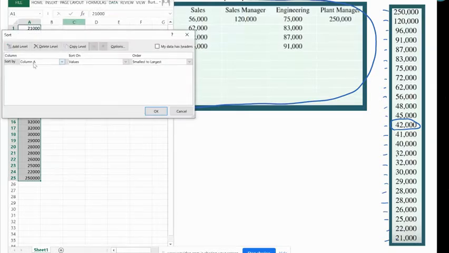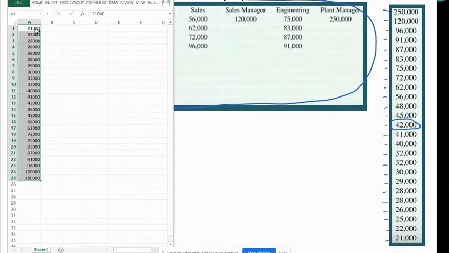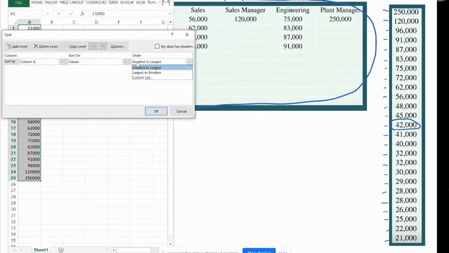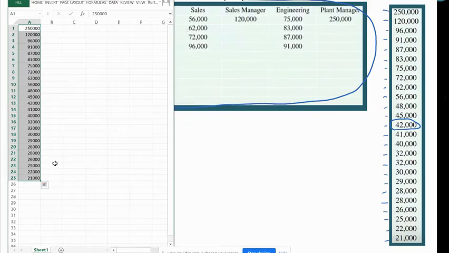And you just tell it what column. So we're sorting values in column A from smallest to largest, and I just say OK, and so it puts them all in order from smallest to largest. If I wanted it the other way, I would go Data, Sort from largest to smallest, and it sorts them from largest to smallest. So that's a convenient tool to use.